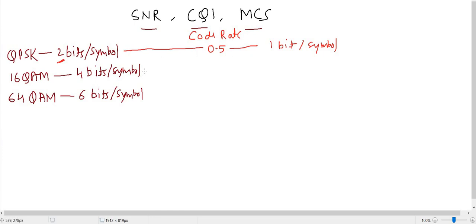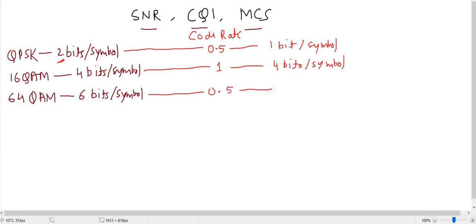Similarly, if code rate is 1, in that case all 4 bits can be transmitted per symbol. The situation will remain same. 4 bits per symbol. And again, if here code rate used is 0.5, then instead of 6, only 3 bits can be transmitted.